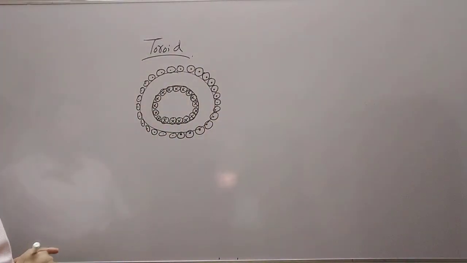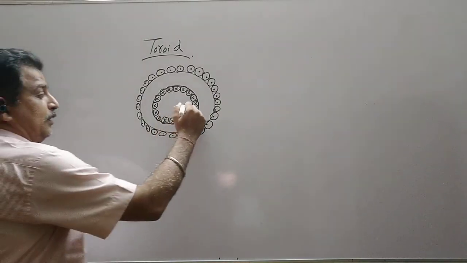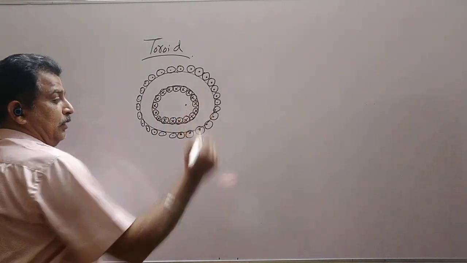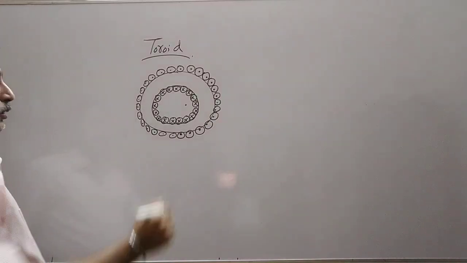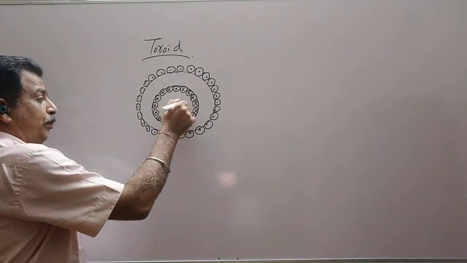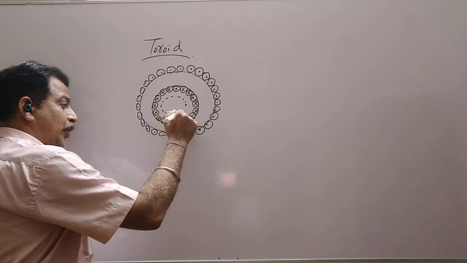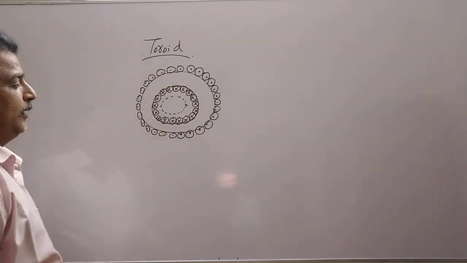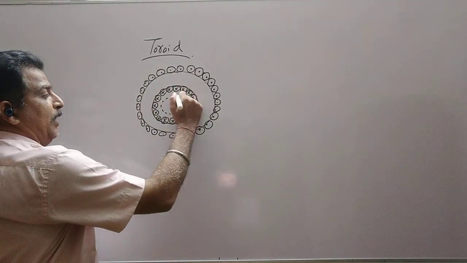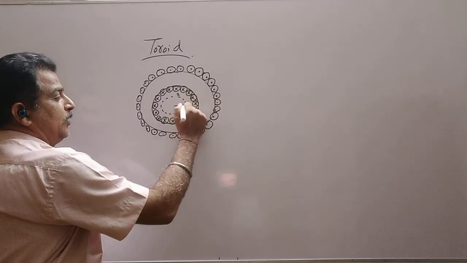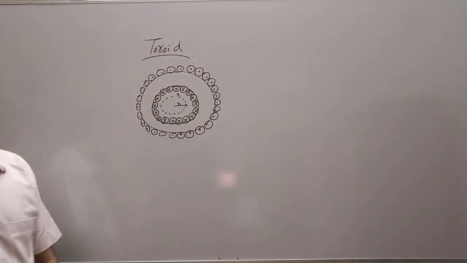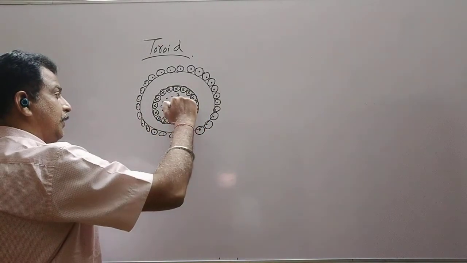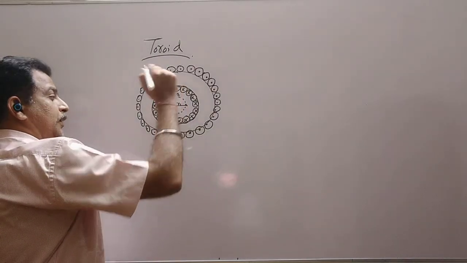Now if I have to find out the intensity at any point, say this is one point, I will draw an Amperian loop. So this is my Amperian loop. Let us name this loop 1 and its radius is R1. Another point, say this point.